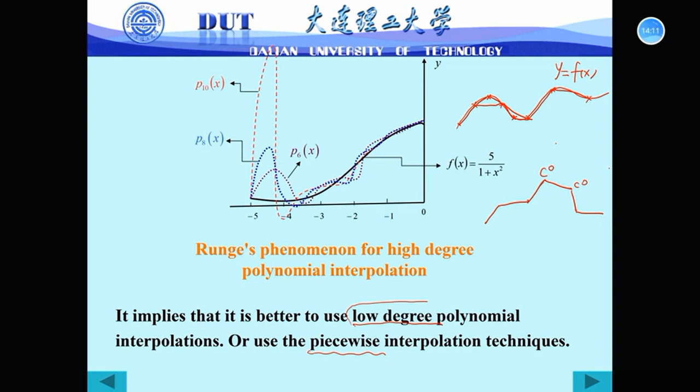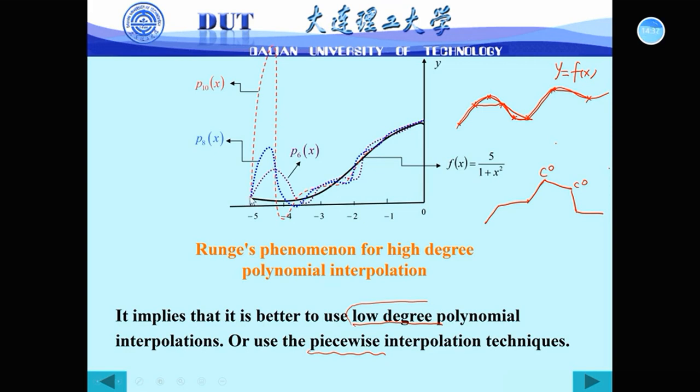So this means we sacrifice the smoothness, but we obtain the convergence. You should understand the reason: because of the Runge phenomenon, we cannot use a high degree to decrease the error. Now you see, when you increase the degree, the error is also increased.